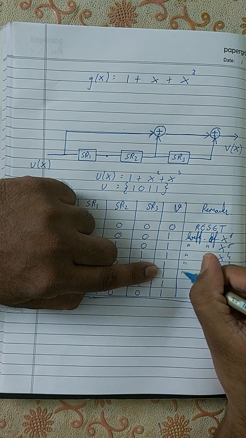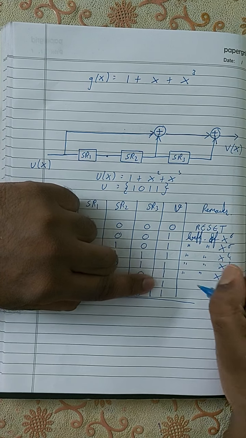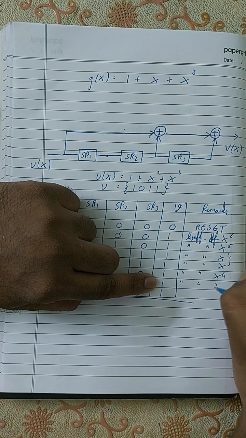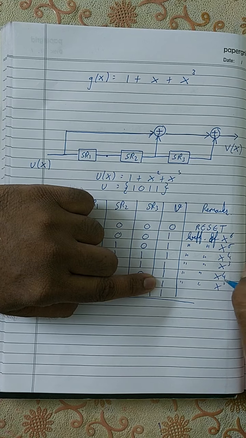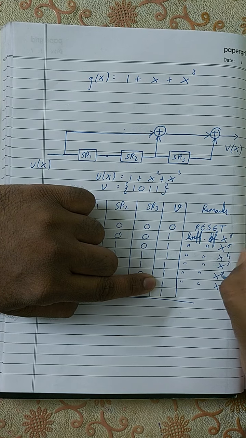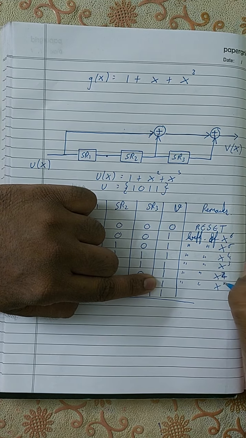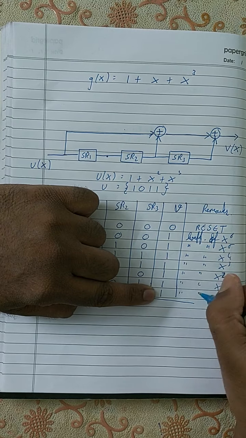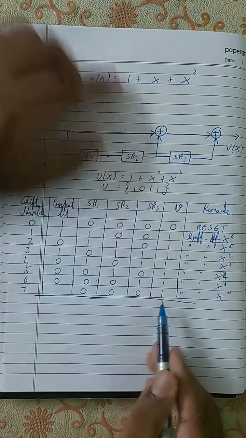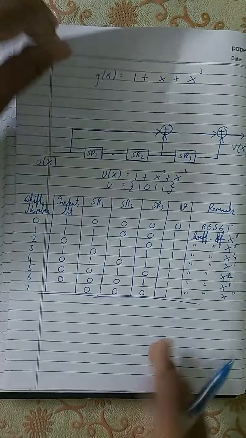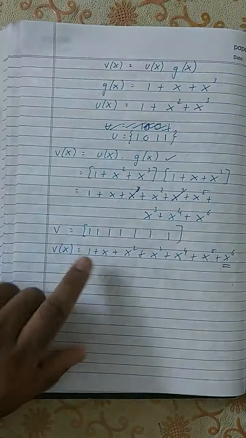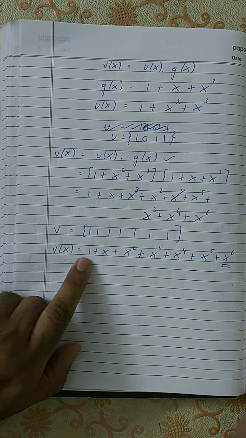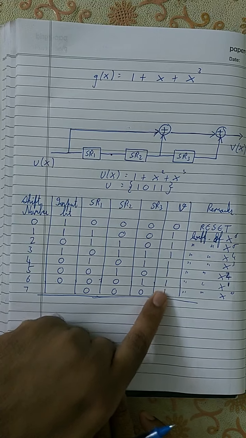Sorry, I made a mistake, this is the coefficient of x raised to 2, this is the coefficient of x raised to 1, and this is nothing but the coefficient of x raised to 0, which means this one over here represents the coefficient of this one. This same one is this last one over here.